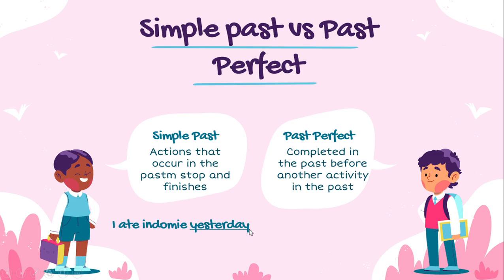Nah, in here we have the specific time terjadinya kapan. Yesterday, a few years ago, last week, last month, last year, several months ago, and etc. But past perfect berarti there's another activity that happened before this past action or past activity.